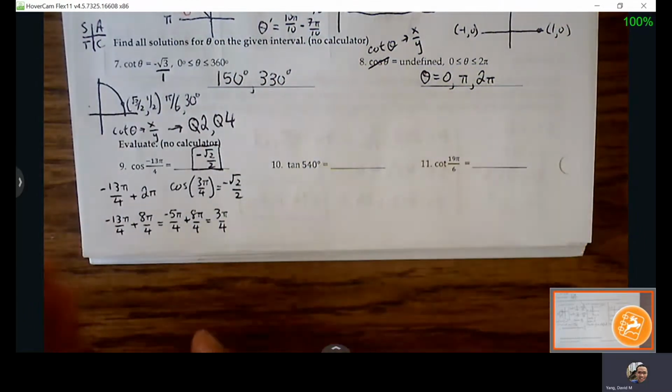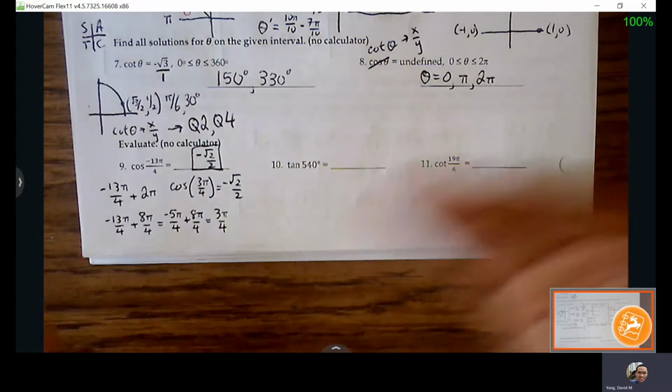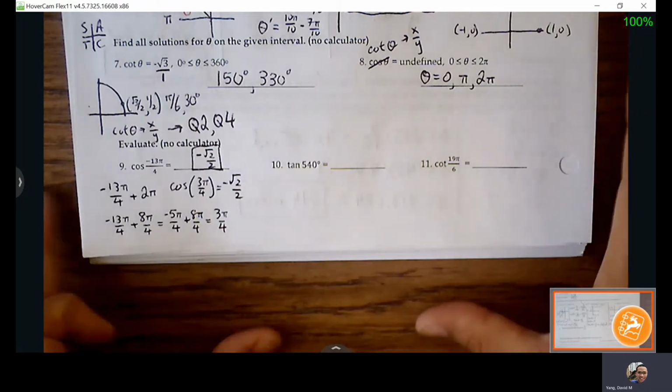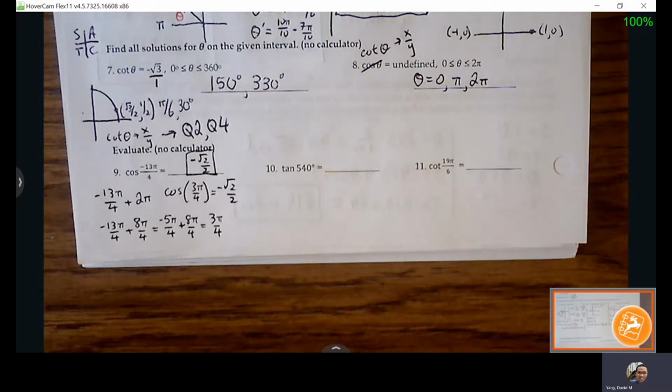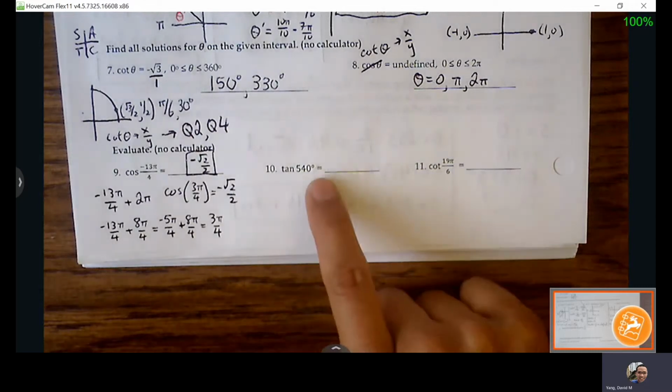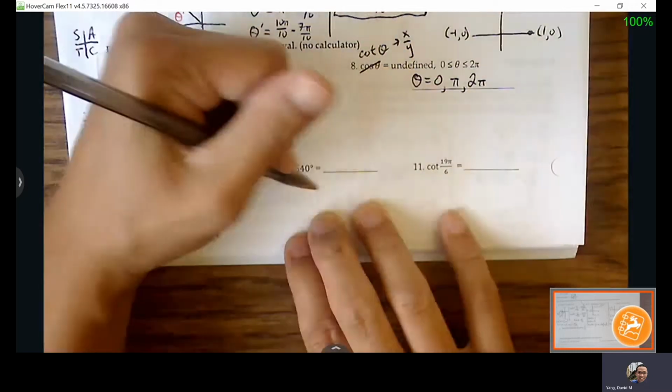Again, you will have a blank unit circle on the test, so fill that out and you'll be able to reference it. Okay, 540. 540 is not within our range from 0 to 360, so I'm going to keep subtracting 360 until I get there.